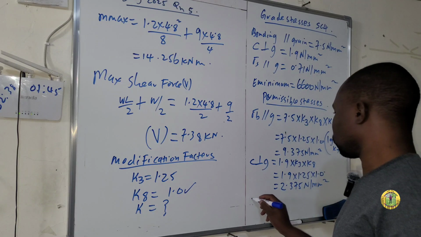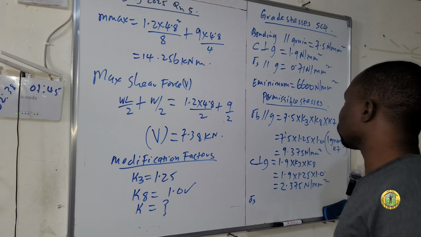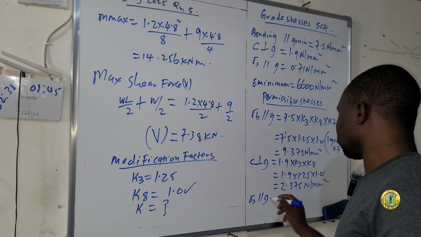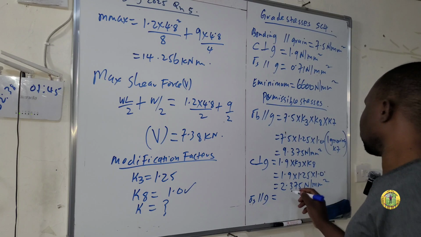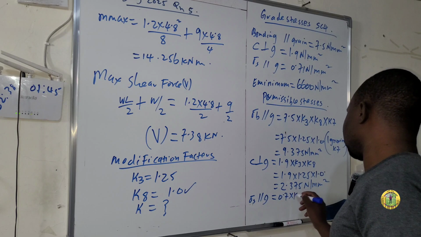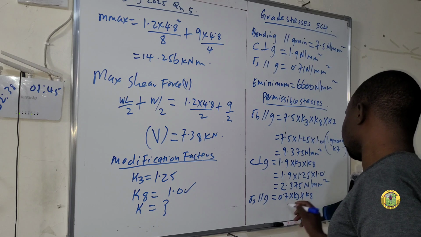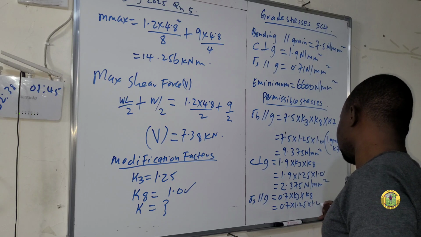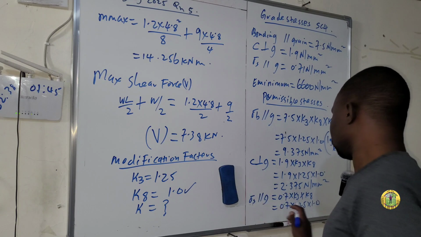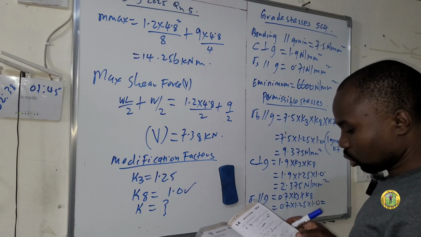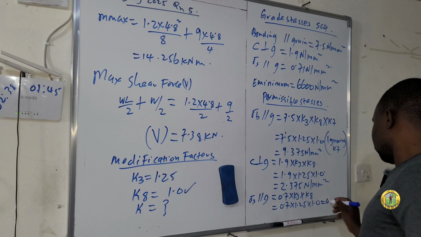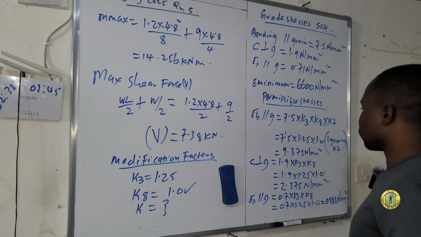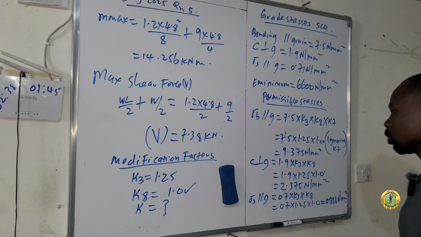And then you proceed to stress in shear parallel to grain. So this one will be 0.71 times K3 times K8, which is 0.71 times 1.25 times 1.0. So this one is equal to 0.88 Newton per millimeter square. So these are the permissible stresses.